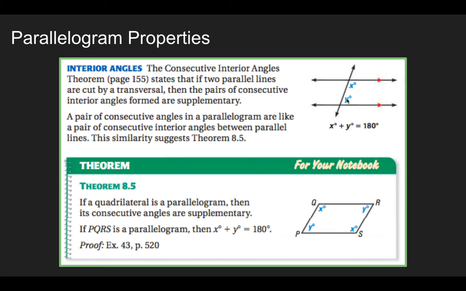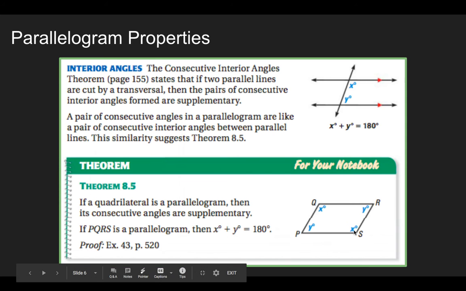And same side interior angles were always supplementary, or added to be 180 degrees. Well, in a parallelogram, you have two sides that are parallel and a transversal that cuts through them. So this is the same thing. We call them consecutive angles inside the parallelogram, and they're always going to be 180 degrees.